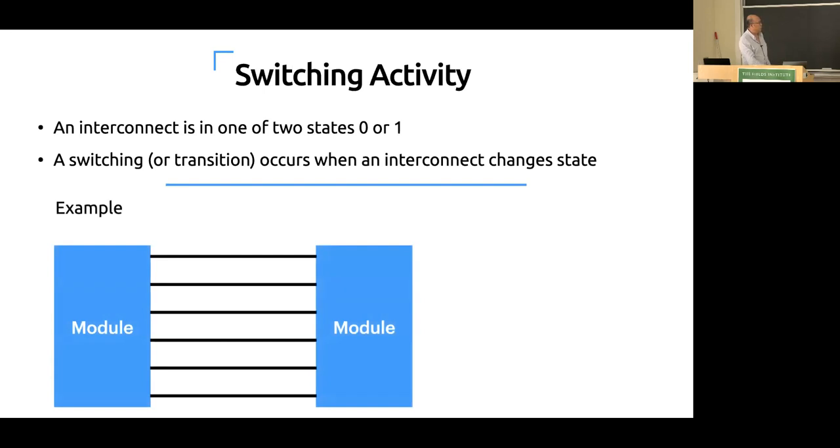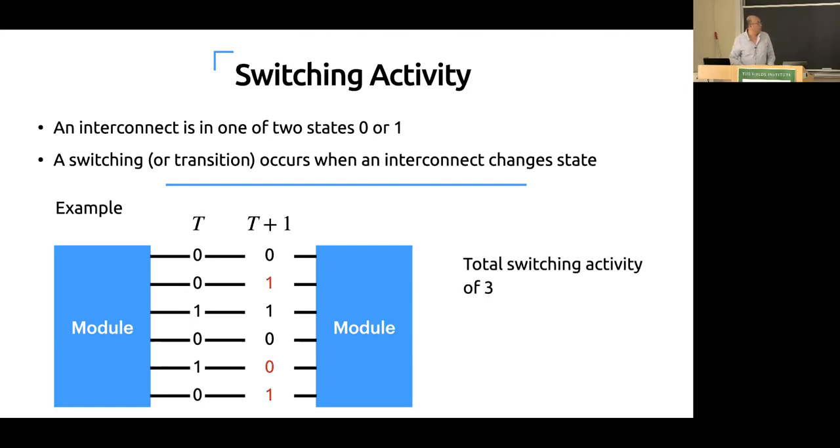As an example, there are two modules connected by 6 interconnects. At time t, suppose the 6 interconnects are in the states shown in the picture. And at time t plus 1, we want to communicate another state, 011001, and we send that across.